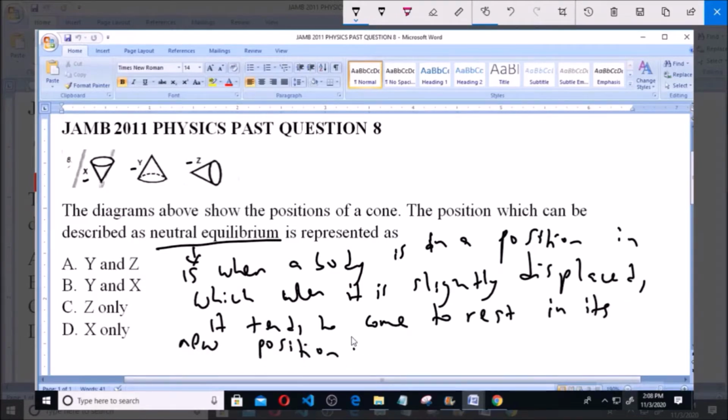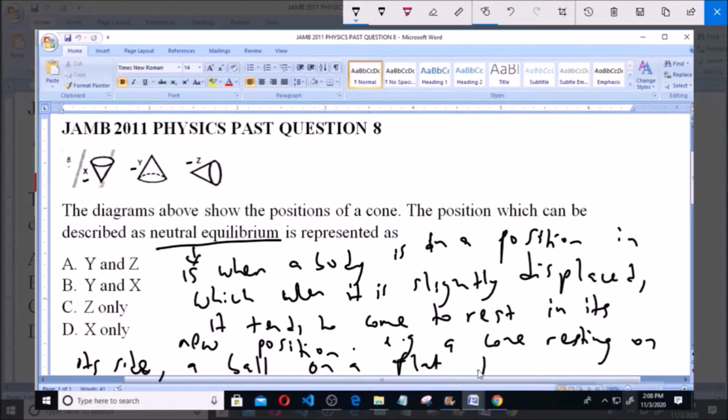Good examples of objects under neutral equilibrium include a cone resting on its side, a ball on a flat table, etc. So any object that is in a position such that when you displace it, it comes to rest in a new position, that object is said to be in neutral equilibrium.